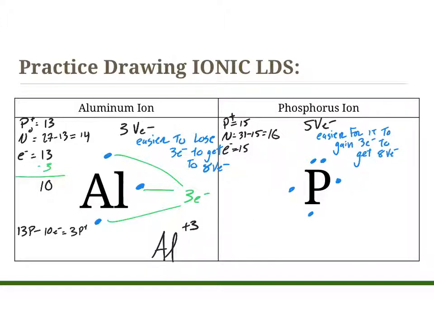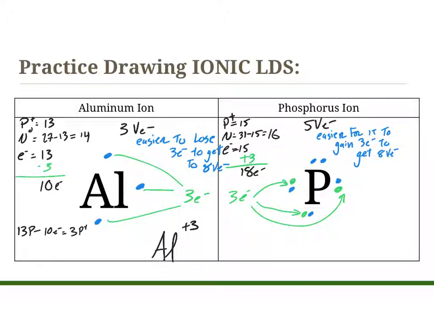Okay? So it's going to gain 3 electrons, so we're going to have 3 electrons coming in to these spots here. So it'll look something like this. If it gained 3 electrons, it now has a total of 18 electrons.